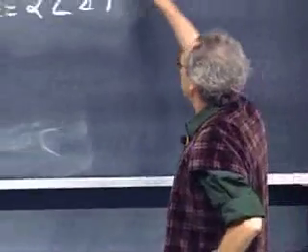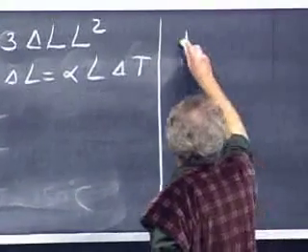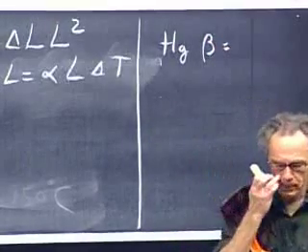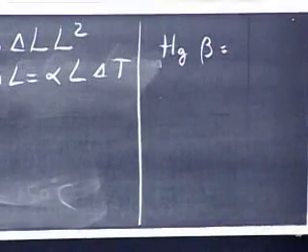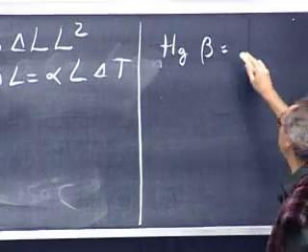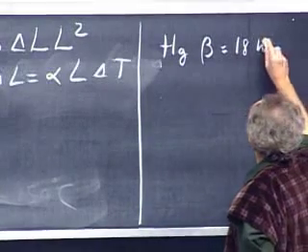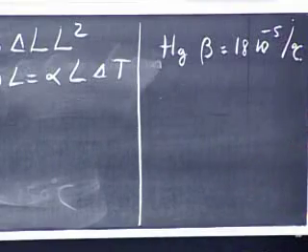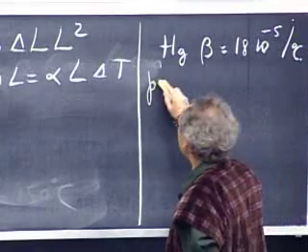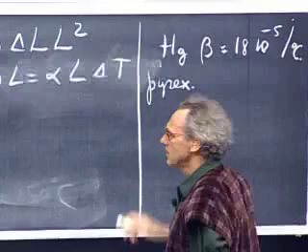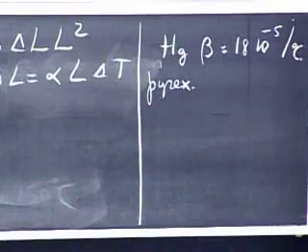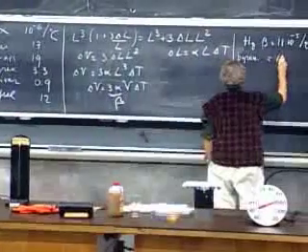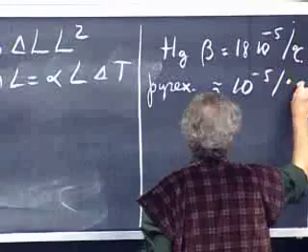So when you deal with liquids, for instance, mercury, which is the one that I want to use today, then you find that the cubic expansion coefficient is 18 times 10 to the minus 5 per degree centigrade. If I compare that with Pyrex, you have to take 3 times this value, so that's very roughly 10 to the minus 5 per degree centigrade.